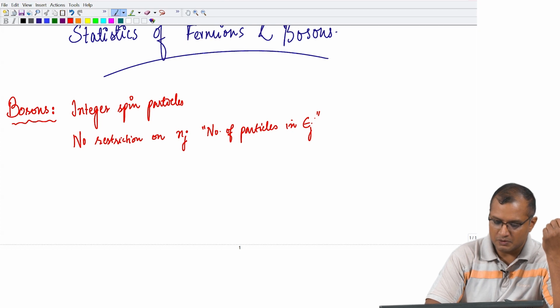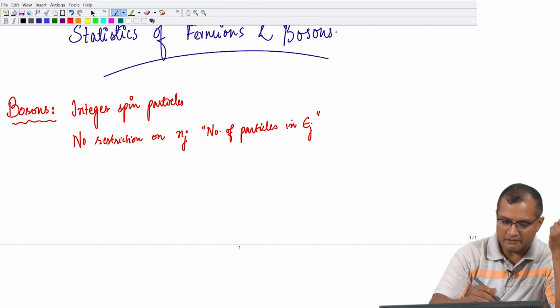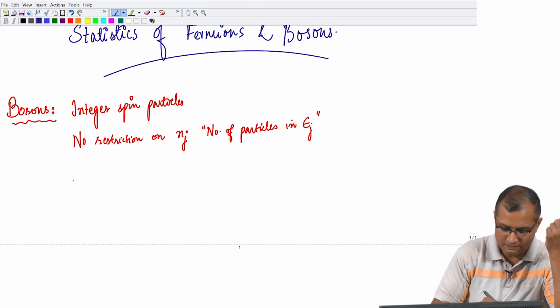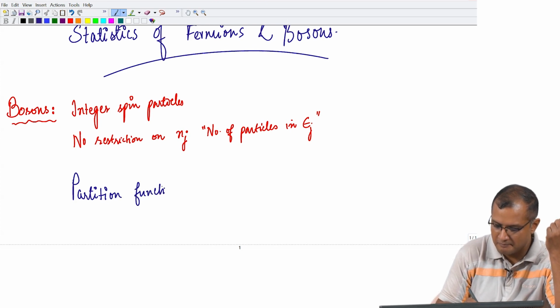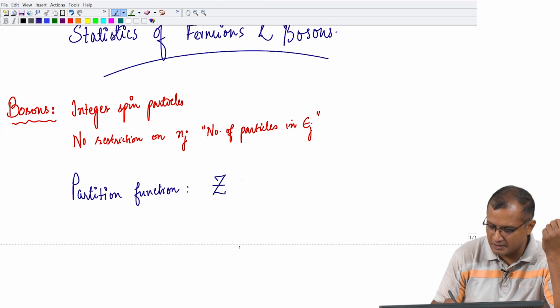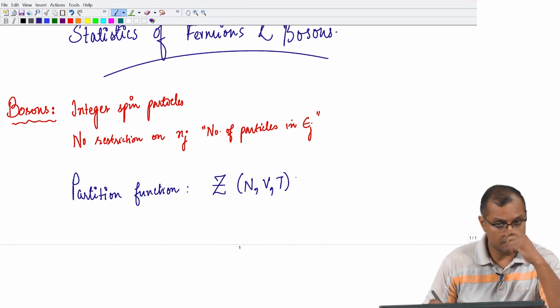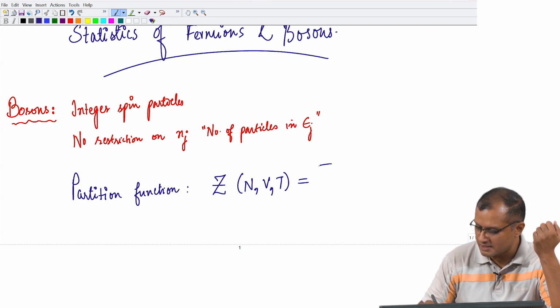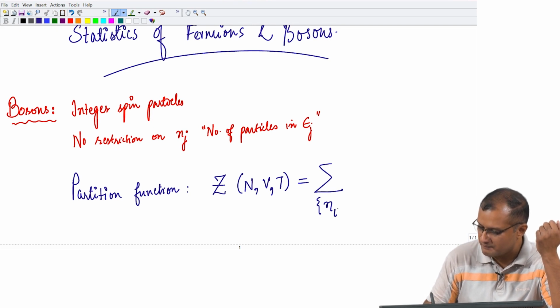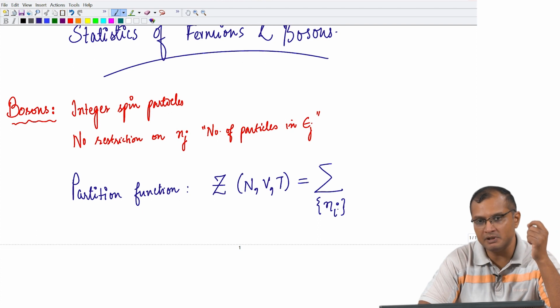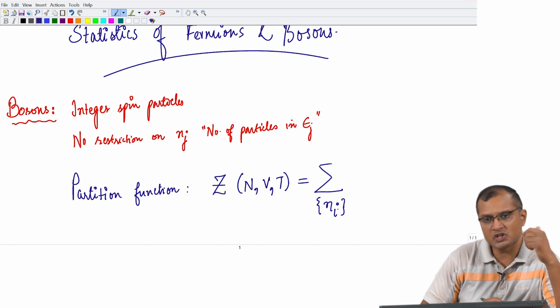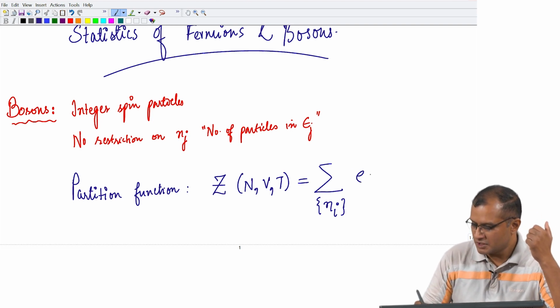Okay. So, I can write down the partition function for this system under constant NVT conditions, okay, for n bosons as a summation over all the microstates, that is the possible values of these ni's which constitute a single microstate, and you sum over all possible values of such ni's into e raised to minus beta the Hamiltonian.